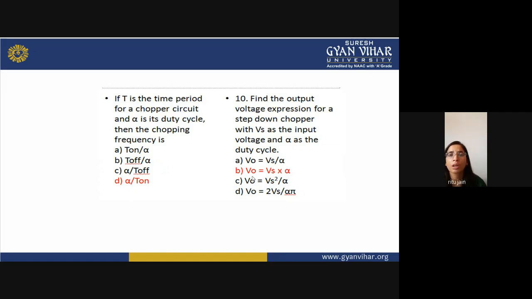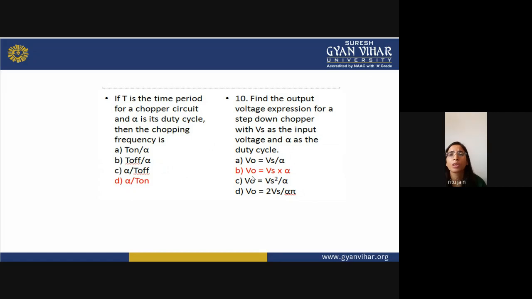All the choppers have their own importance. According to their quadrant operation, these choppers can be used for speed control of your motors and regenerative braking, etc. And the duty cycle is very important for a chopper, which is denoted by alpha, and alpha is equal to T on upon T. According to this duty cycle, you can vary the load voltage or output voltage.